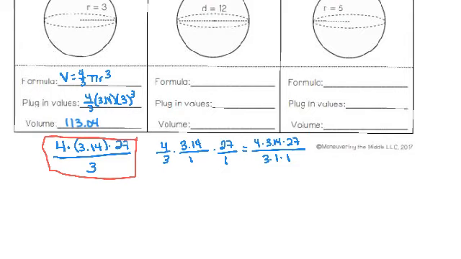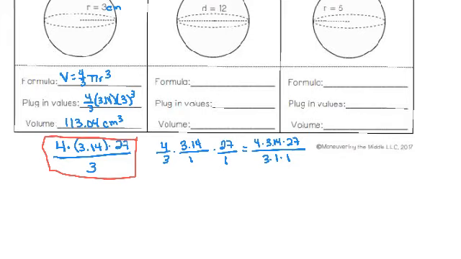Well, they didn't give us a measurement. They didn't say inches or meters or diameters. We'll just call it centimeters. I'm going to label this one centimeters cubed. That sounds good.